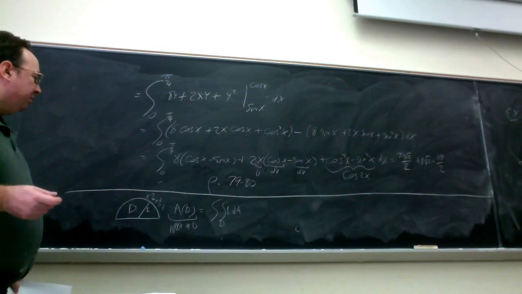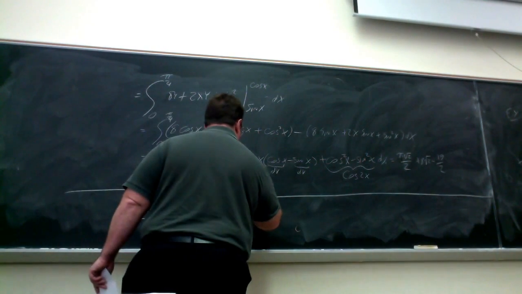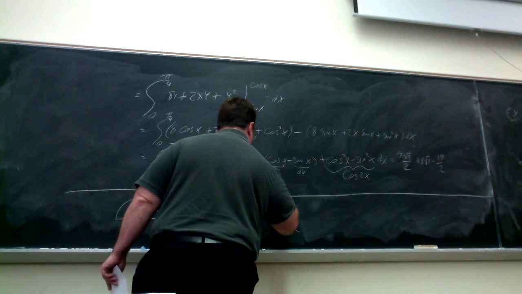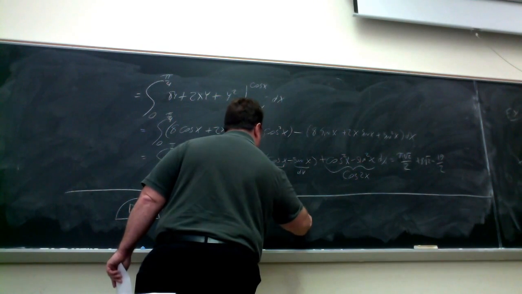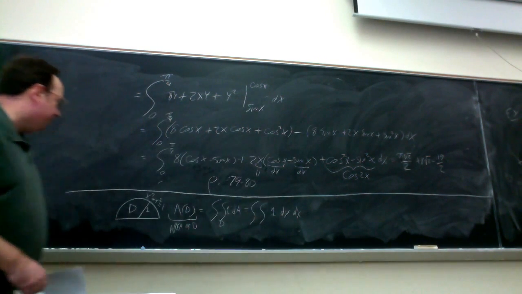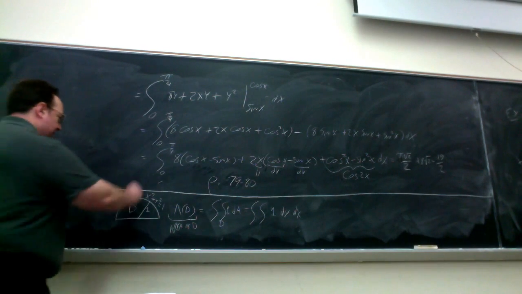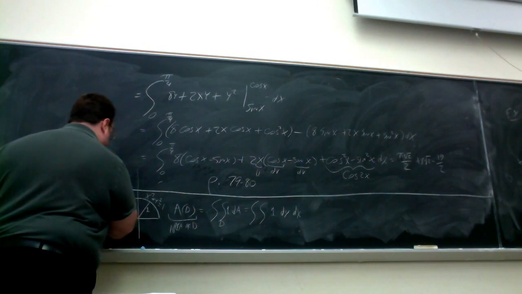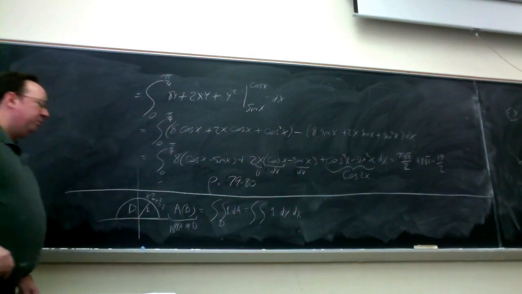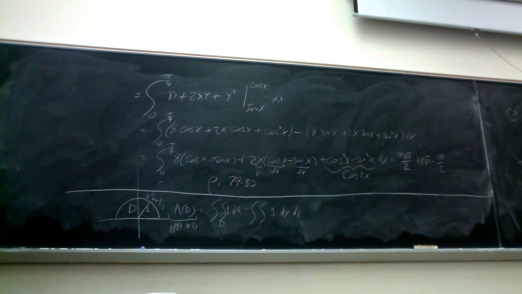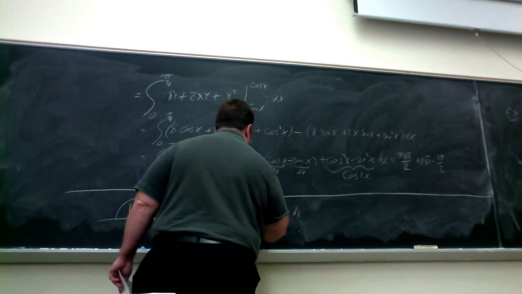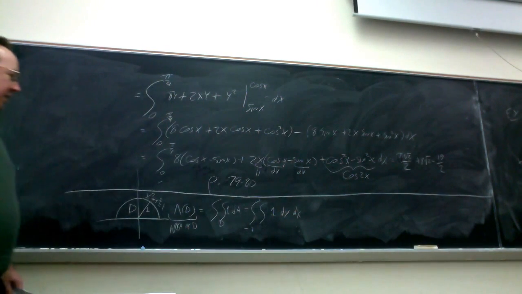Well, if I want to express this as a region of type 1, I need limits for x. This is just a plain old unit circle of radius 1. So what should my limits be in x? -1 to 1. Yeah. And then what about y?